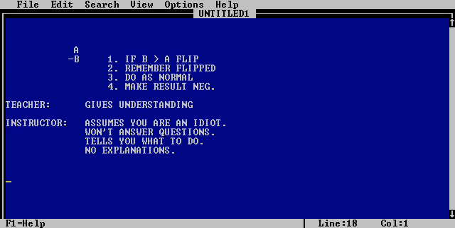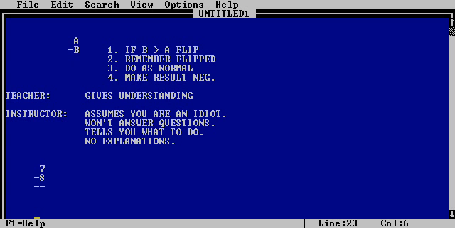And let's say we use the borrowing rule. So our example was 7 minus 8. There it is. Okay. The instructor is not going to answer any questions, so we'll just do exactly what we've been told to do.